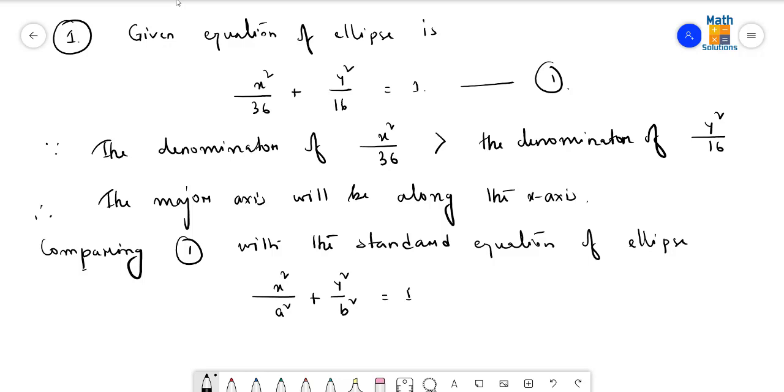We get 36 taking the place of a square. So a square is equal to 36, which implies that a is equal to 6. Only the positive value we need to consider, because a is the distance between the center and one of the vertices, or we can say this is the length of the semi-major axis.